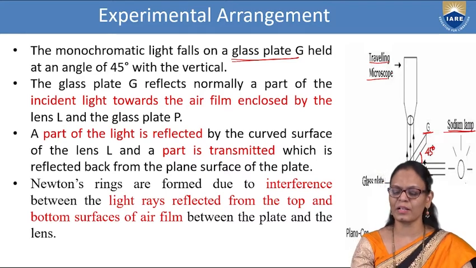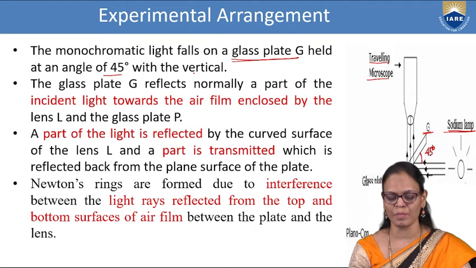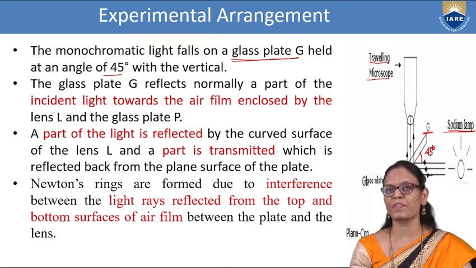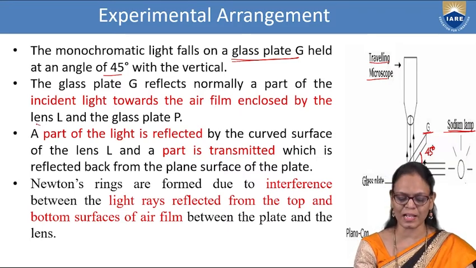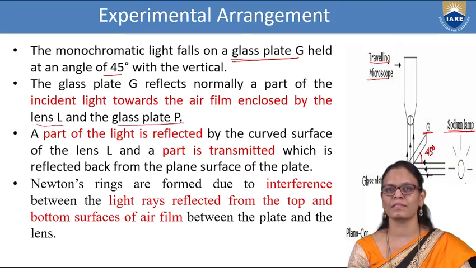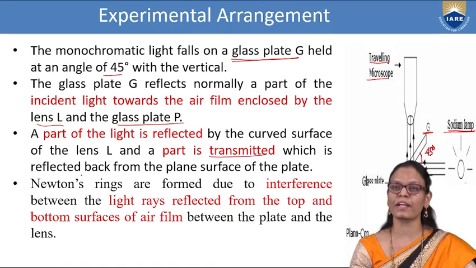So the glass plate G is held at an angle of 45 degrees with the vertical, and this plate reflects normally a part of the incident light towards the air film that is enclosed by the glass plate and the lens. A part of this light is reflected by the curved surface of the lens, and a part is transmitted, which is again reflected back.